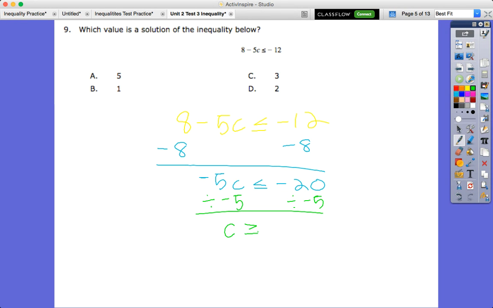Negative 20 divided by negative 5 gives me positive 4. So my inequality says that c is greater than or equal to 4. So the solution can be any number that is greater than 4. And the only number up here greater than 4 is 5.